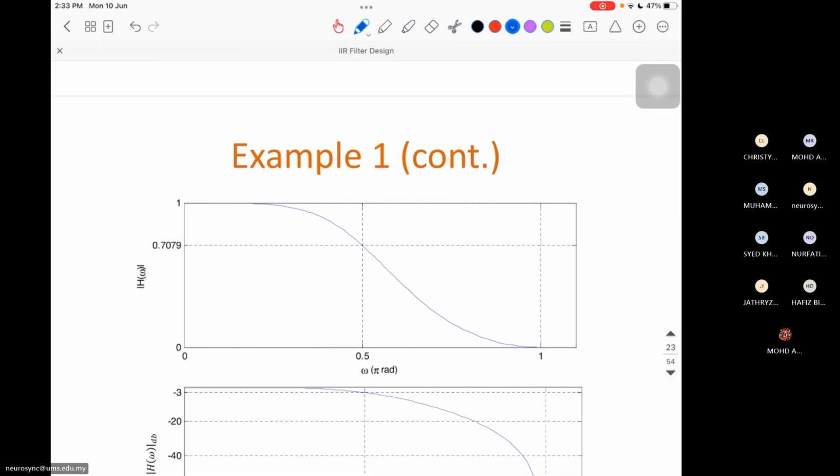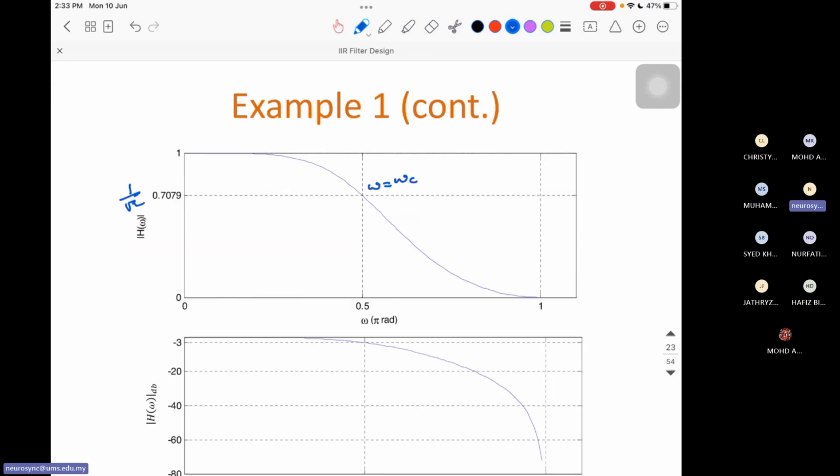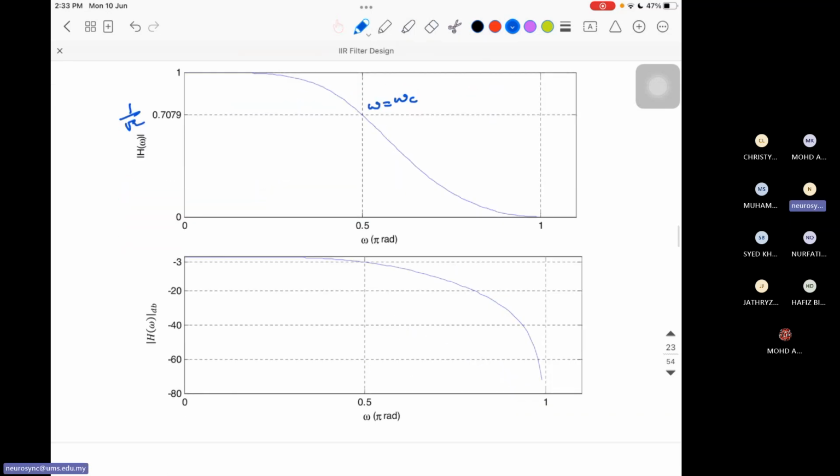The omega c is given, that is 0.5 pi. And this is the plot in dB.